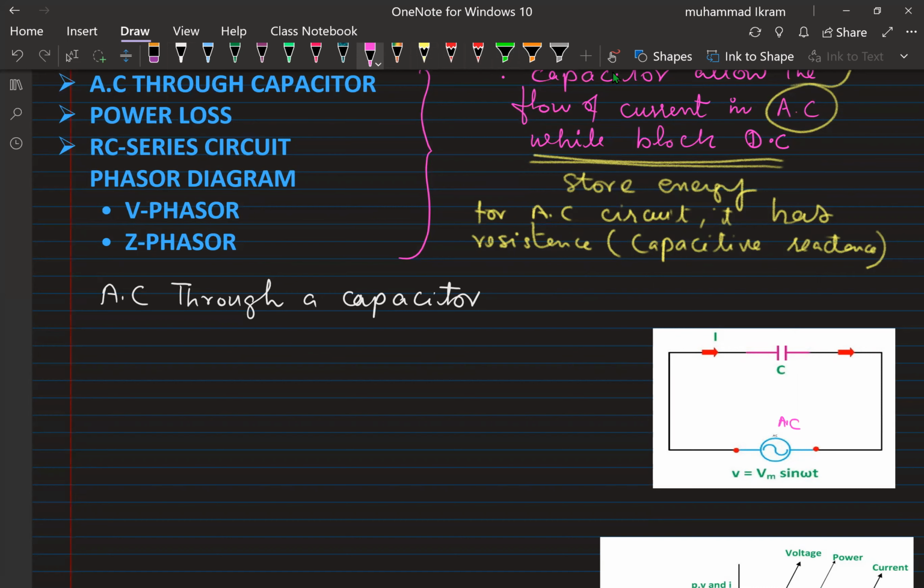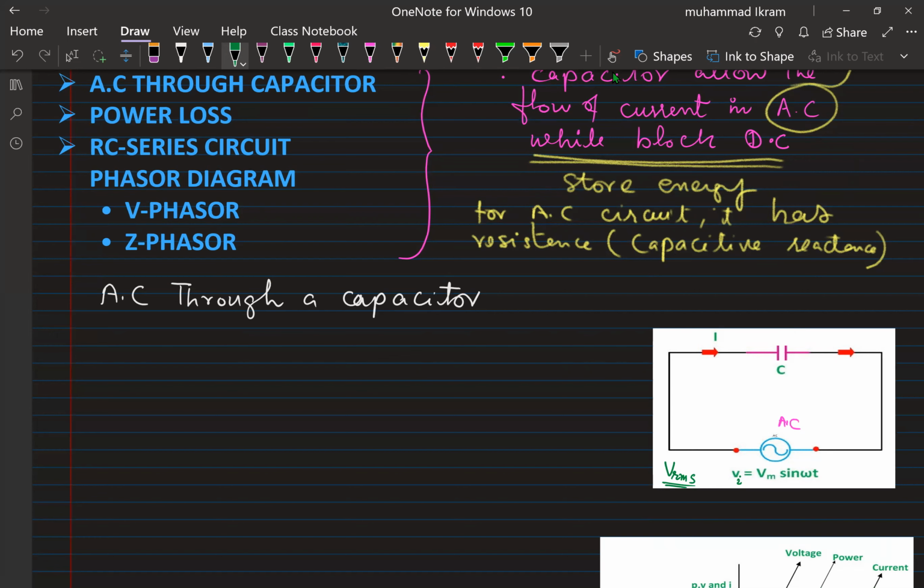Now, look, if you place the meter in the circuit, I told you that it will measure the VRMS. But the equation is for the instantaneous voltage or AC waveform. This is our input here.